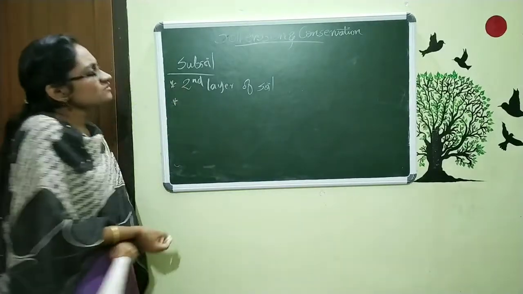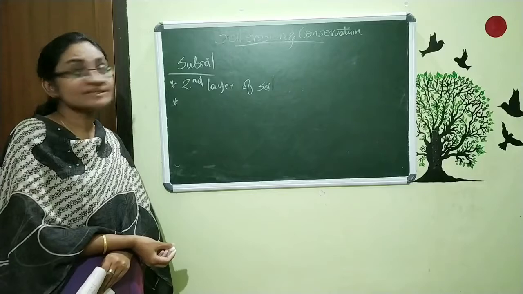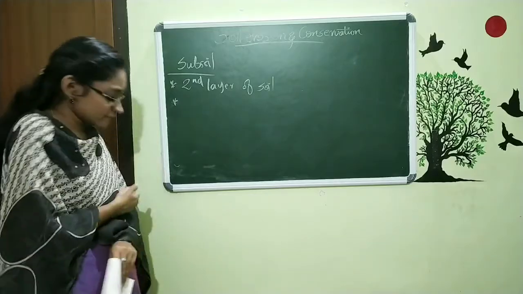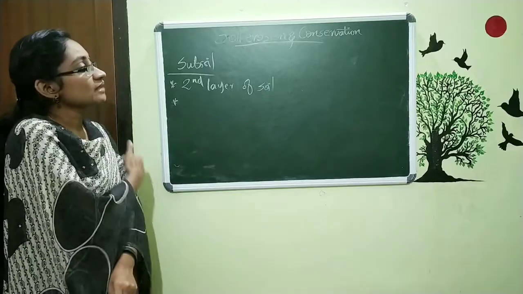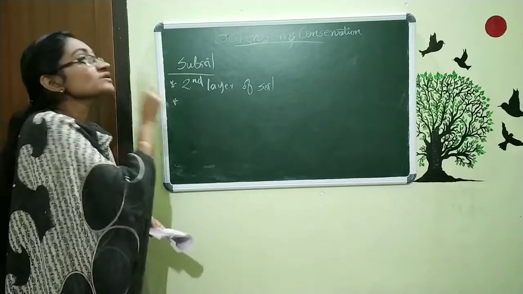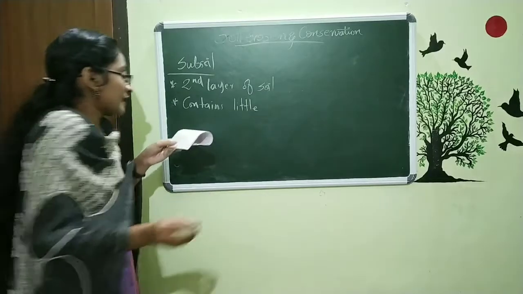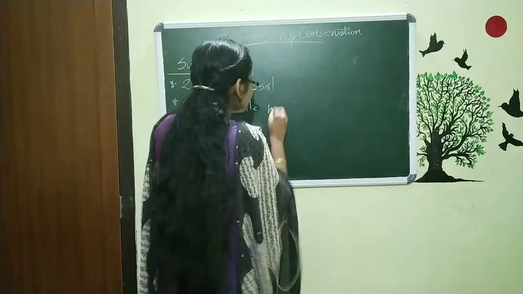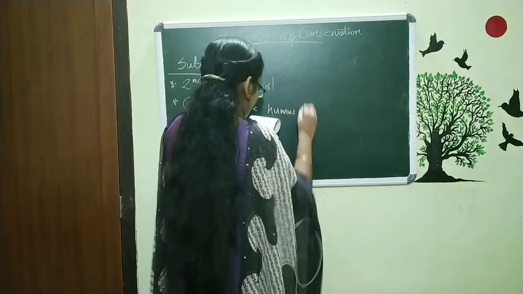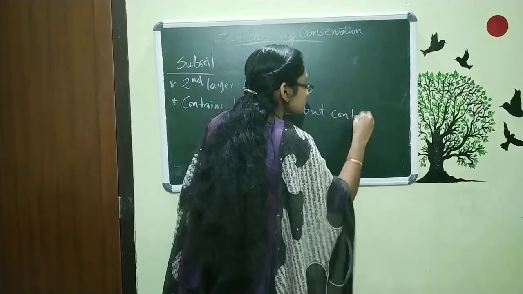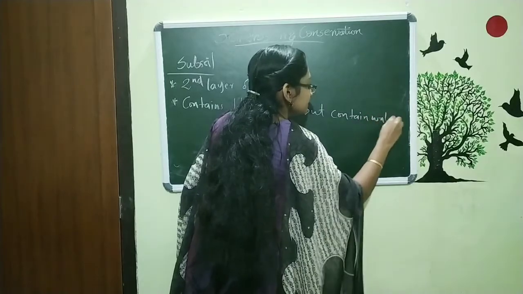Now the question is, what is included? We said that all the plants are utilizing the top layer. Now what about this subsoil? Actually, in the subsoil only some humus is present. It contains little humus but mostly contains water.